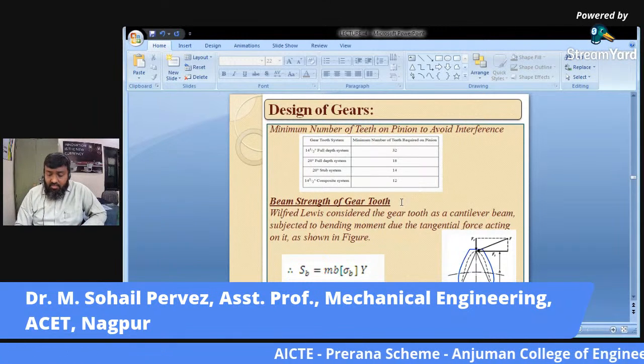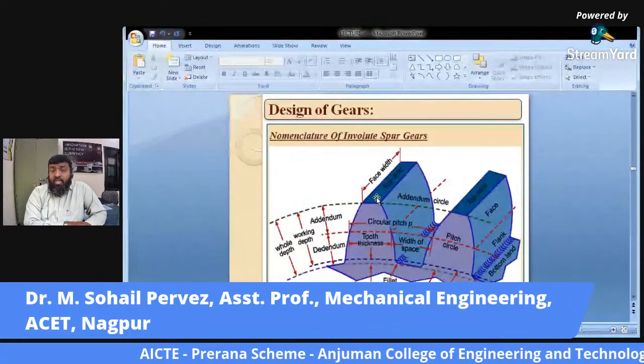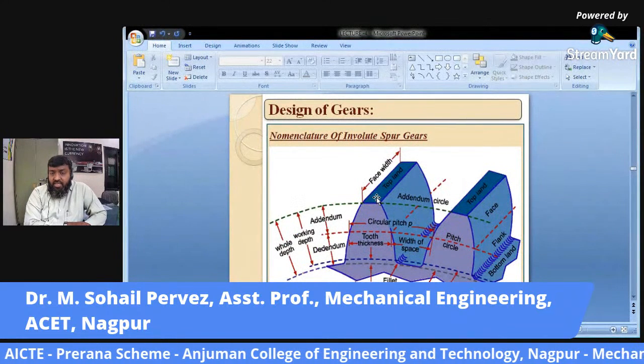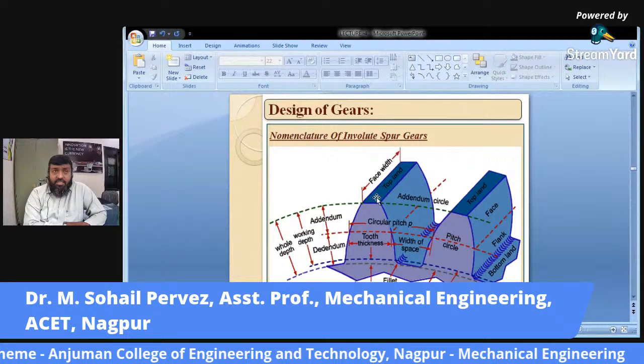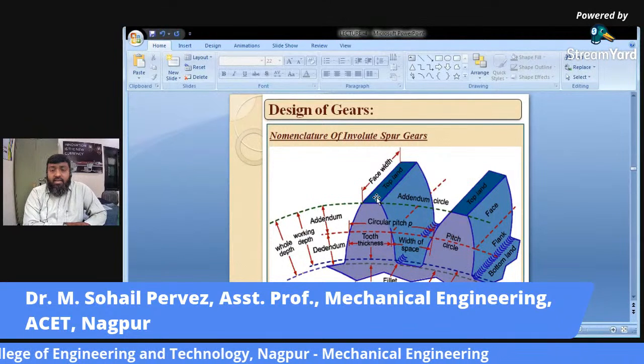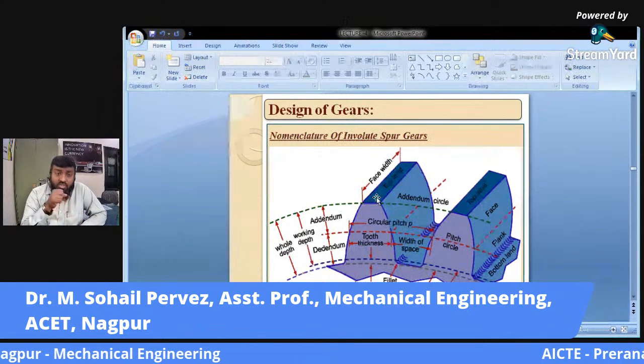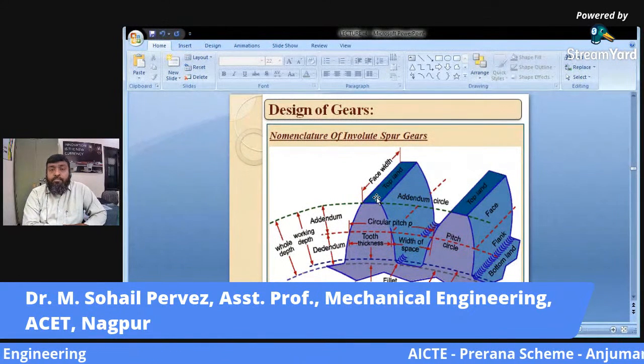Now, the gear tooth is analyzed because we have to calculate the strength of the gear tooth.